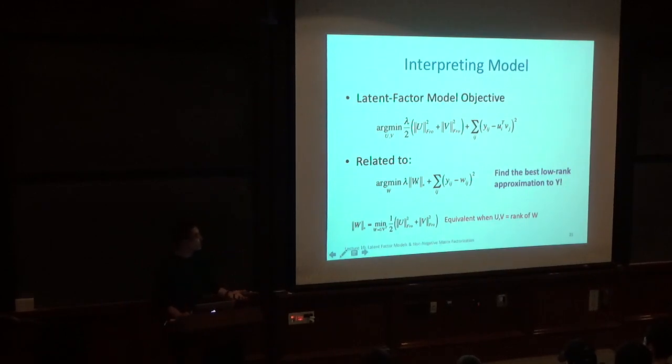I get out an answer. If I happen to have guessed the same k as the rank of this one when I solve this problem and force these to be rank k matrices, then these two will give you the exact same answer. But typically, people work with this formulation because it's more practical.